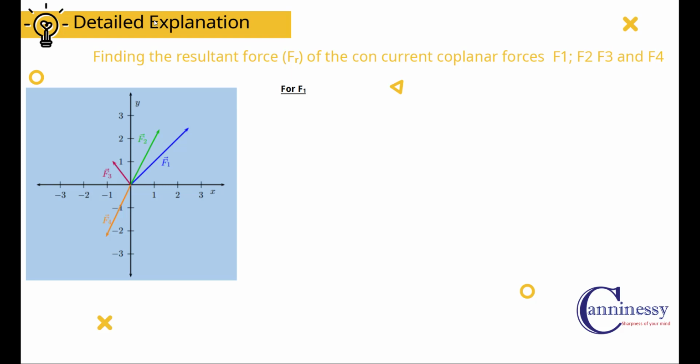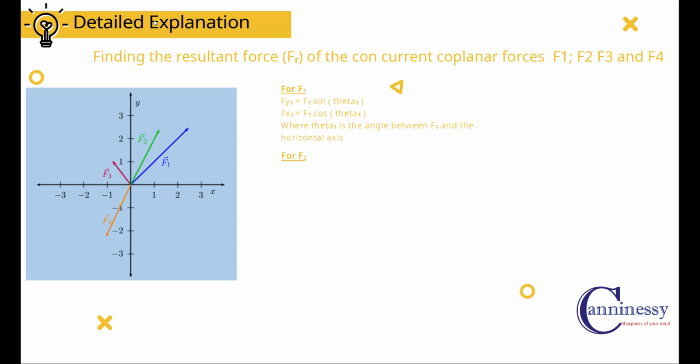So for F1, the vertical component Fy1 is equal to F1 sine theta 1, and the horizontal component Fx1 is F1 cos theta 1, where theta 1 is the angle between F1 and the horizontal axis.